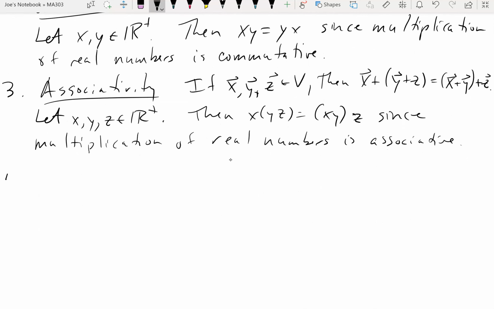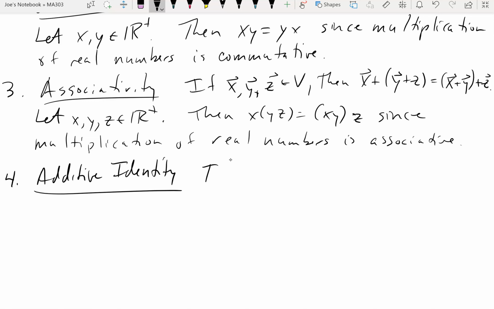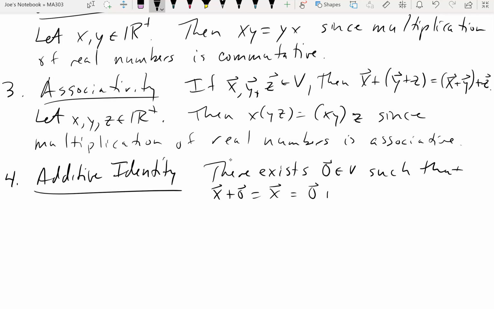All right. The fourth one is additive identity. And it says that there exists some vector I'm going to refer to as the zero vector such that whenever I add it to any x, I get back to where I started. So x plus the zero vector is x, the zero vector plus x is also x.